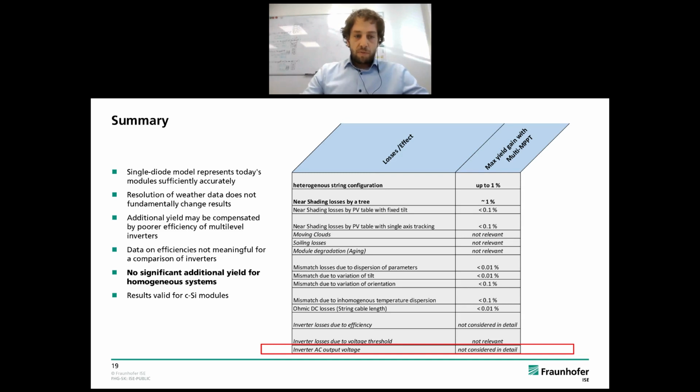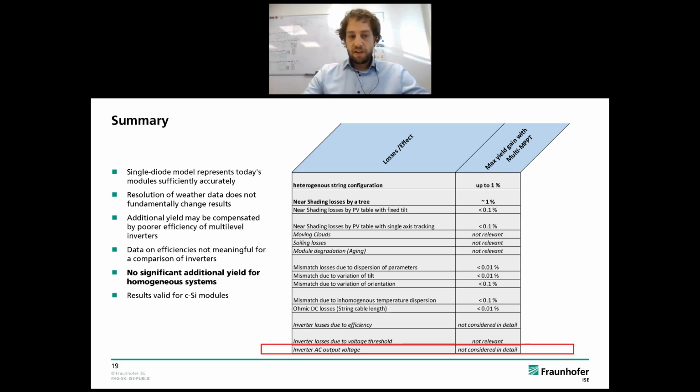So we see for homogeneous systems no significant additional yield with multi-MPPT. For 99% of ground-mounted systems, industrial and commercial systems, the yield gain is really low, as we have shown you here.